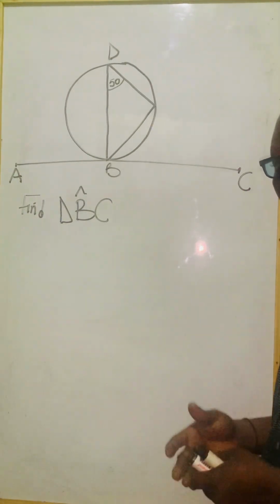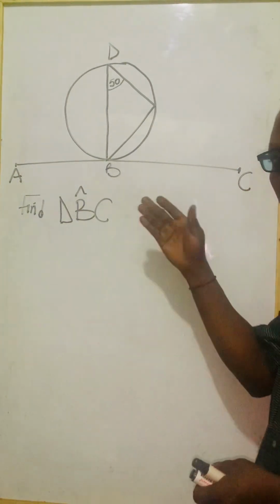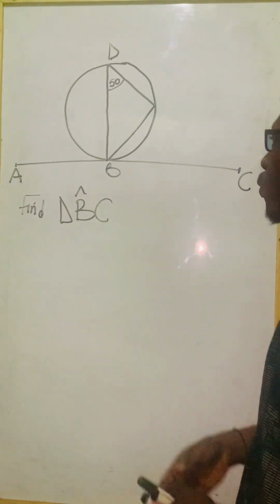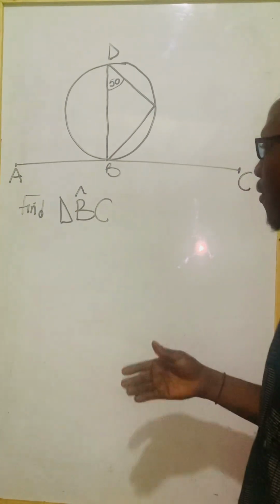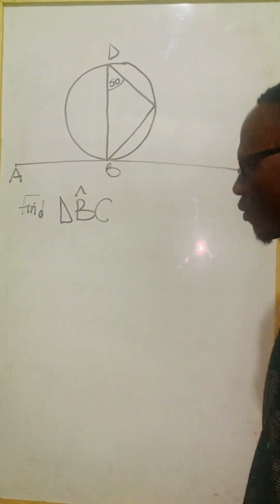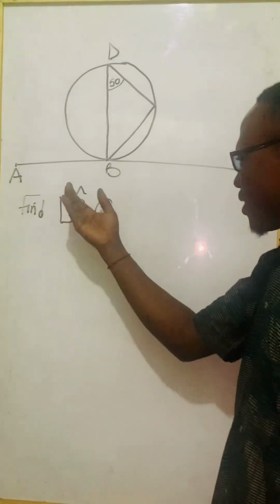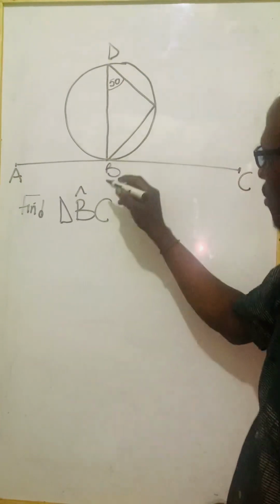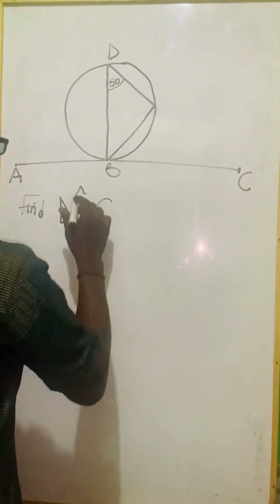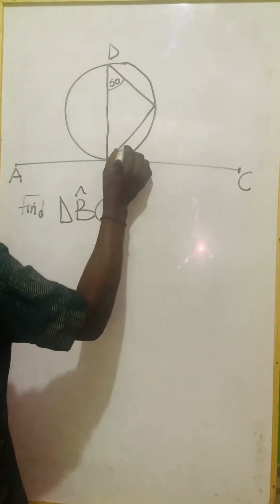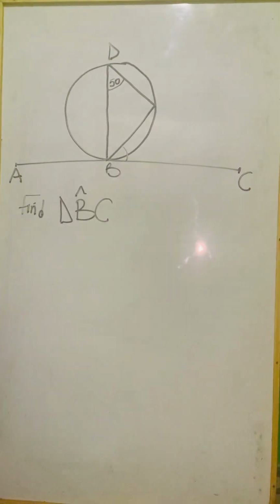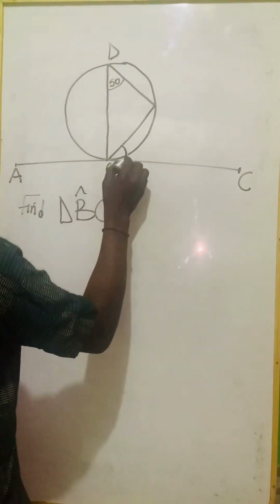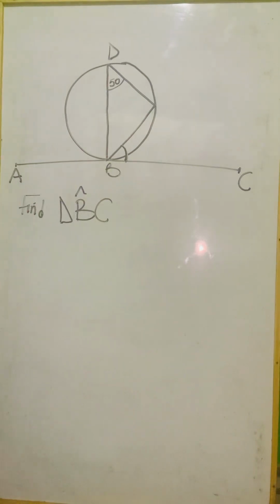When that is realized, we know we are on the right path to finding angle DBC. This is the angle we don't know.